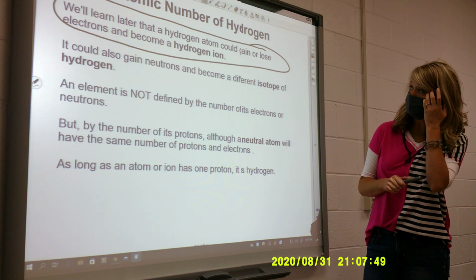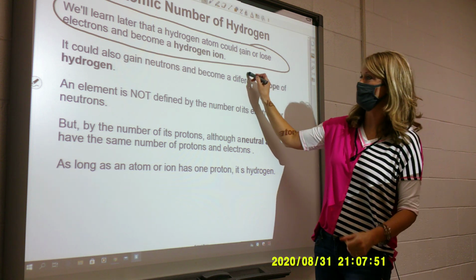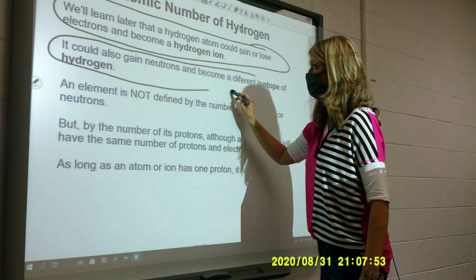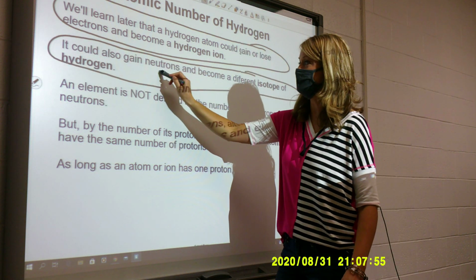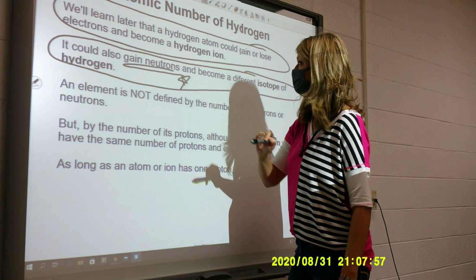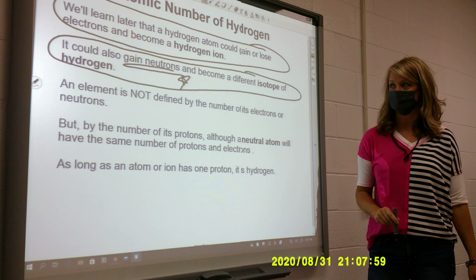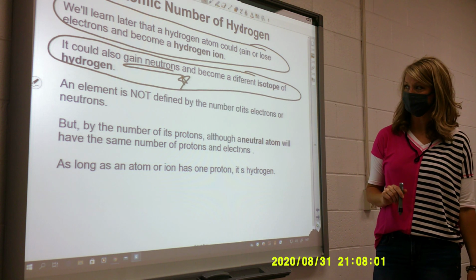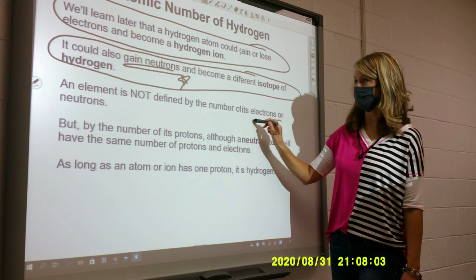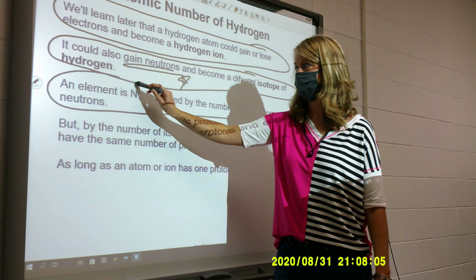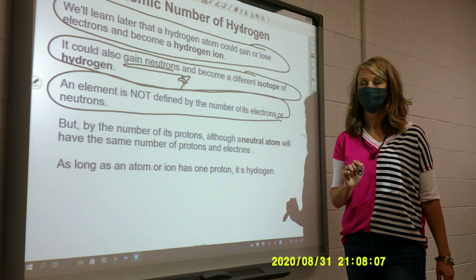It could also gain neutrons and become a different isotope of hydrogen. So if it gains neutrons, this is important, it becomes a different isotope. An element is not defined by its number of electrons or neutrons. So what is it identified by then?